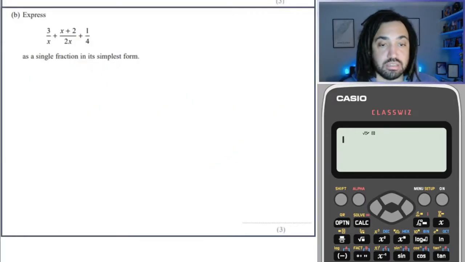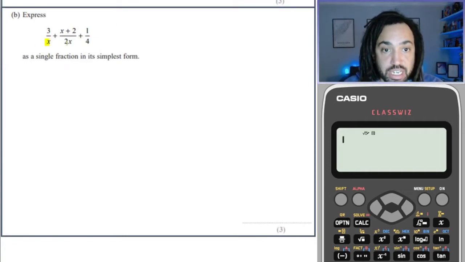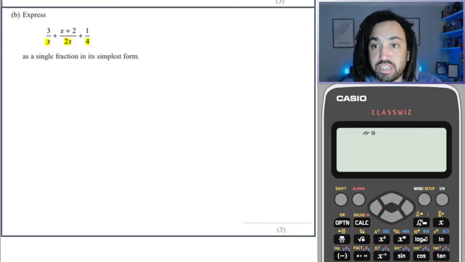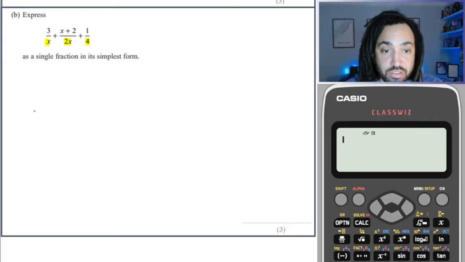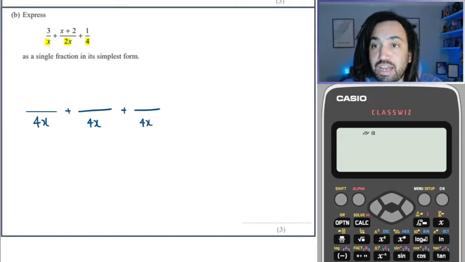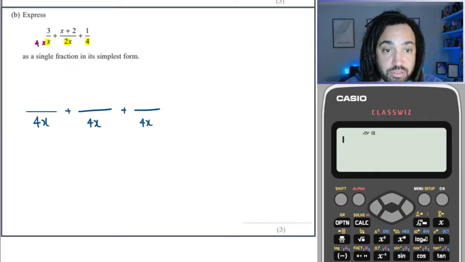Bosh. Okay, next question is similar because we are adding, so we need to find a common denominator between these three denominators, and the lowest common denominator is 4x. So I write 4x plus 4x plus 4x. Now, what do I need to times this one here to get 4x? So I've got to times it by 4.